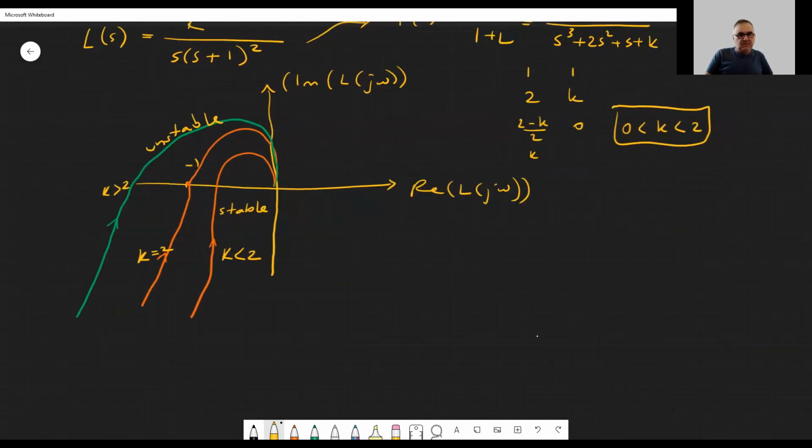We see that if you plot the Nyquist plot, your system becomes unstable in the limit of stability when K is equal to 2. And then if K is greater than 2, your system will indeed be unstable.